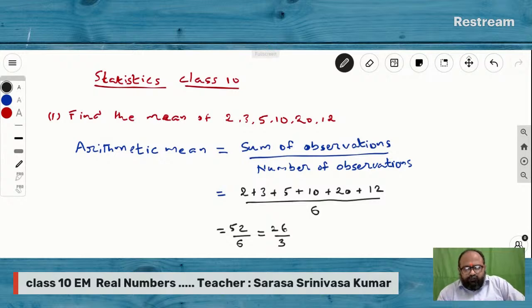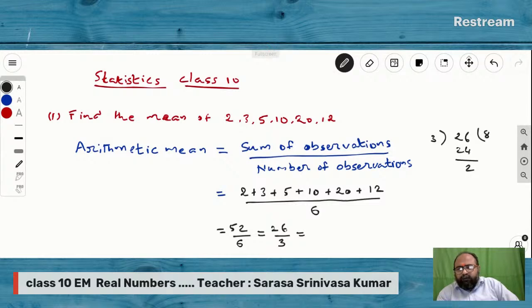If you want to express in the decimal form, we divide 26 by 3. 3 8s are 24. You get a remainder 2. So we keep the decimal here. 3 6s, 18.